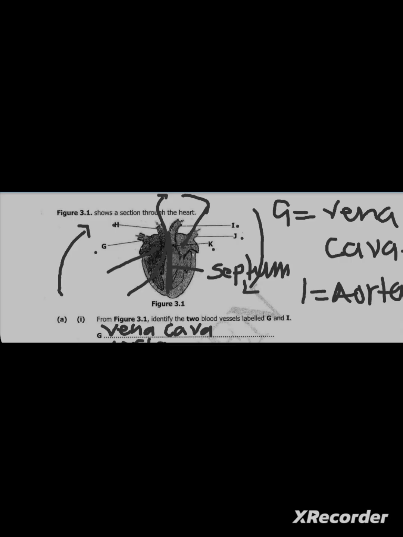Hopefully it makes sense. If you're able to see, we have this muscle here and the muscle on this side, and you'll be able to see the difference. The muscle on the left ventricle is thicker than the muscle of the right ventricle. What's the reason? The reason is simple.